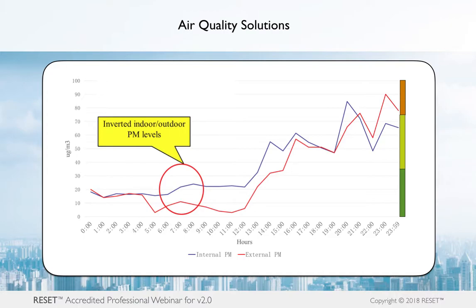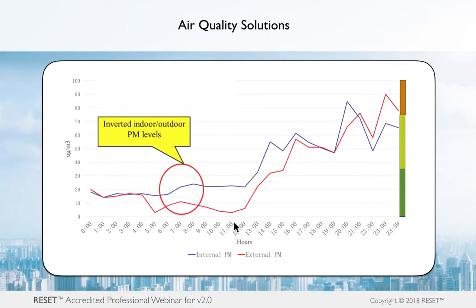The problem, though, is you can see by this highlighted point here, where it's showing inverted outdoor air PM levels, the blue line, which is our indoor air, is higher than the red line representing the outdoor air.